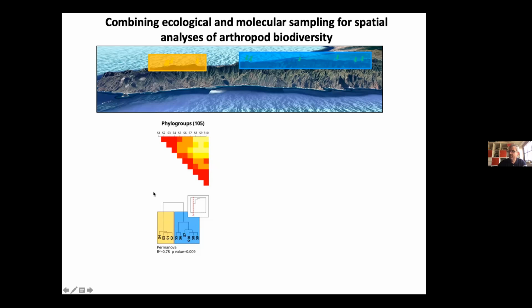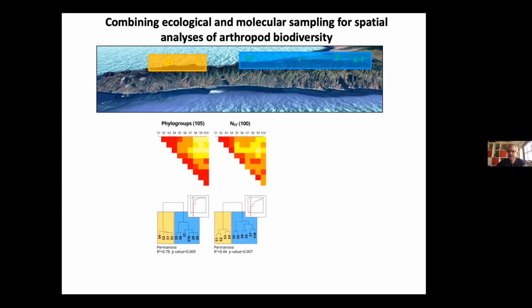And we can see that across all species, there's a very strong signature for high phylogeographic similarity among sites here and among sites here, with little sharing of phylogroups between these two regions. That's at the level of phylogeographic groupings.